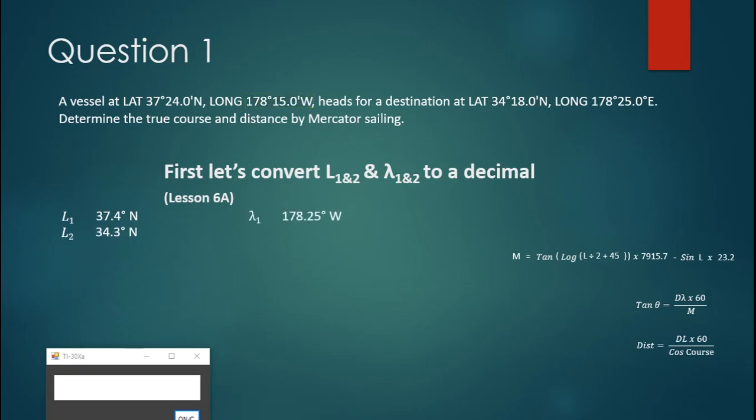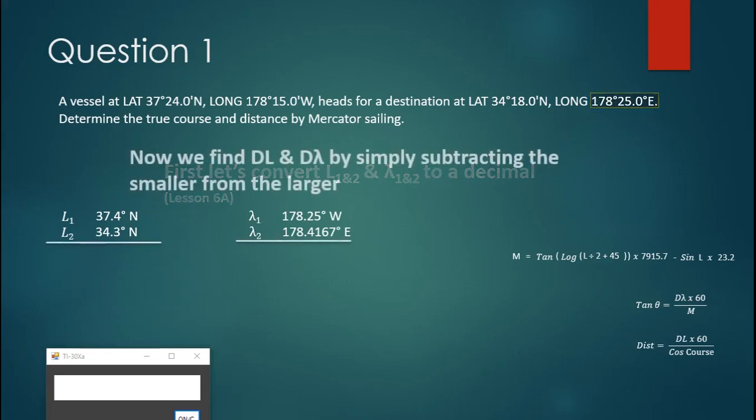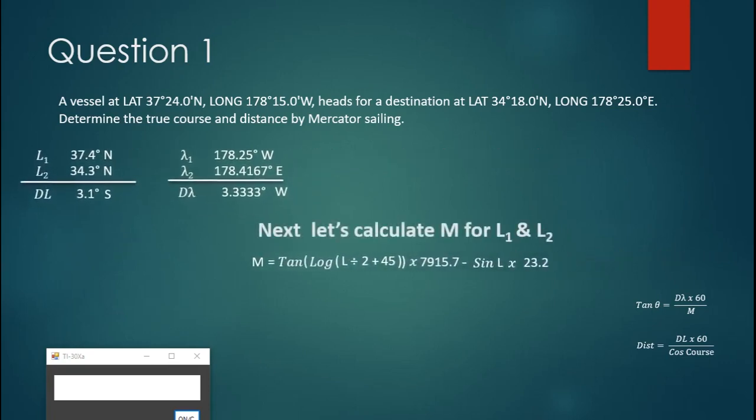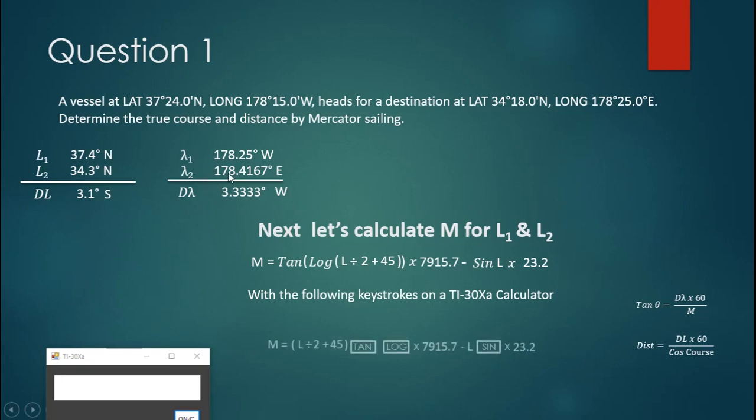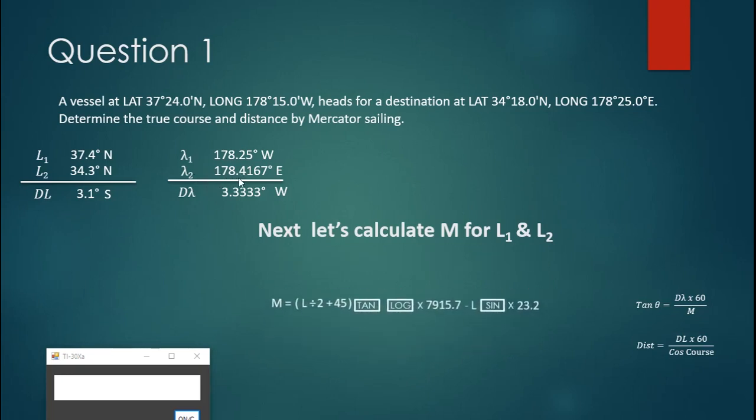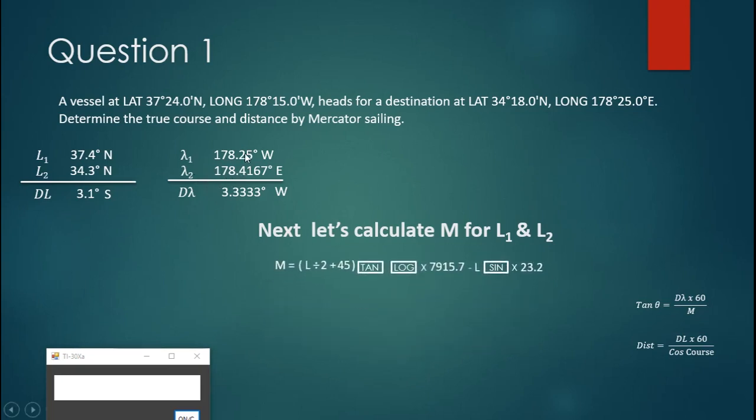It walks you through the conversion process from degrees to decimals. And then we just simply subtract the smaller from the larger to get our difference in latitude and difference in longitude. And you'll notice here the larger number is on the bottom, the smaller number is on the top. That's just a bad habit that I have. We just simply subtract the smaller from the larger.